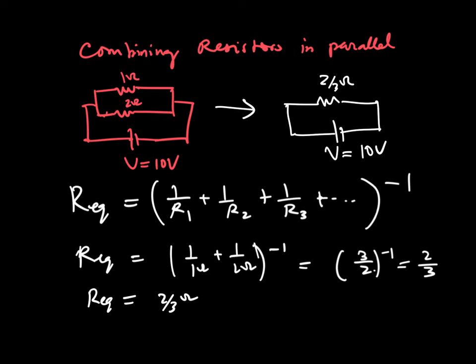And of course, the current will be voltage divided by resistance, which is 10 volts divided by 2/3, or 10 volts times 3 over 2. Remember, the rule for dividing by a fraction is you flip the fraction and multiply. So 10 times 3 over 2 will give us 15 amps.